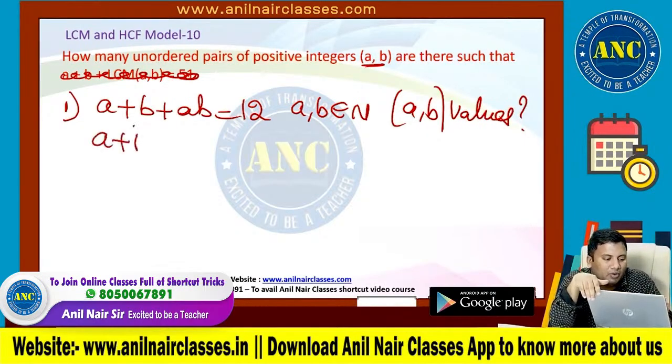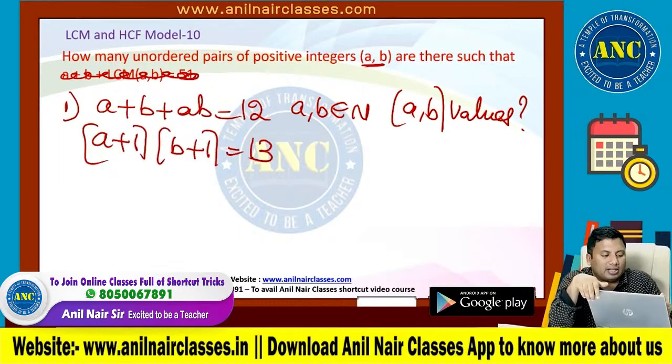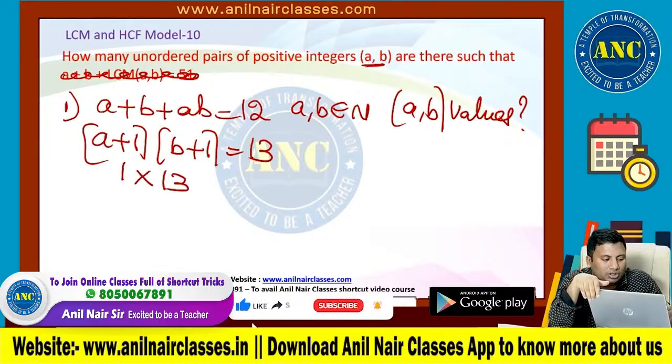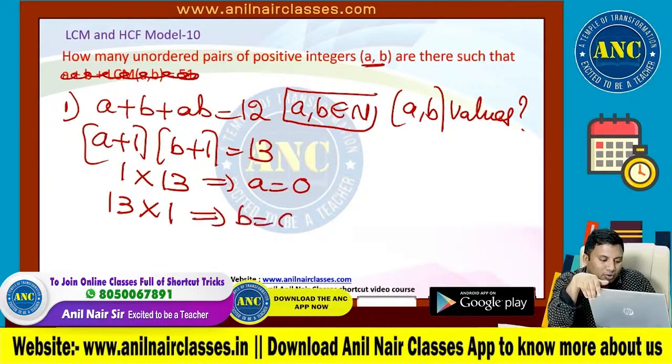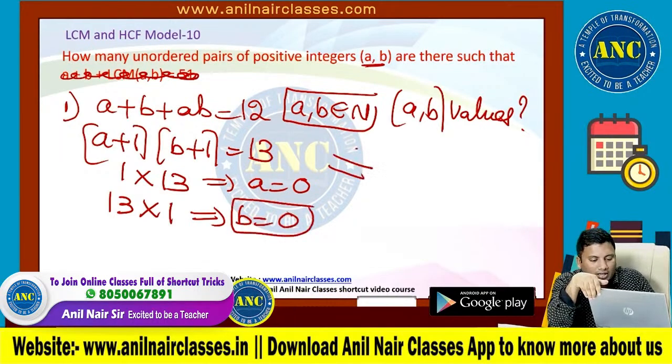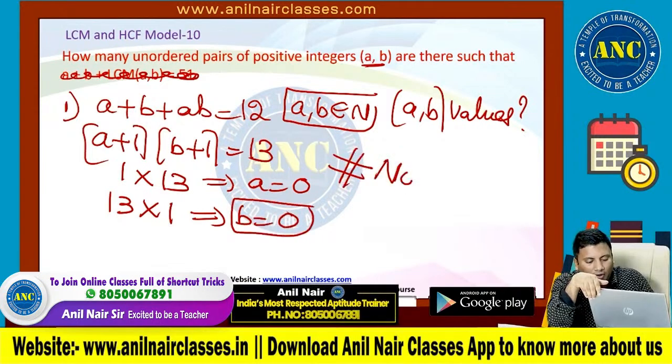If I add 1 on both the sides, a plus 1 into b plus 1 is 13. 13 is 1 into 13 and 13 into 1. First case will give you a value 0. a and b are natural numbers. Second case will give you b value 0. So the answer is no value for a, b.